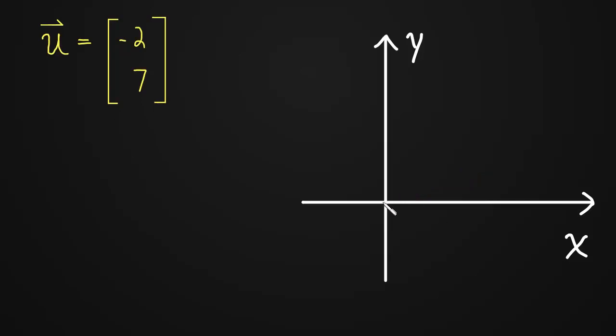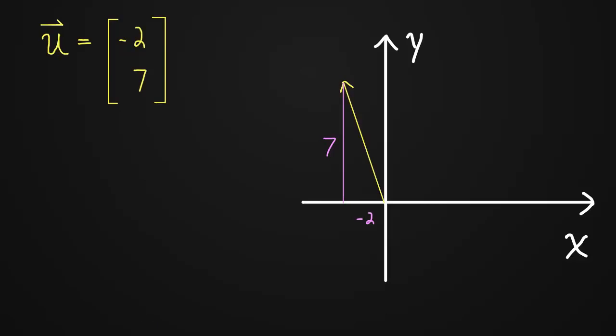So let's draw that. We're going to move over by -2 and up by 7, so something like that. So we've moved over -2 and we moved up by 7.